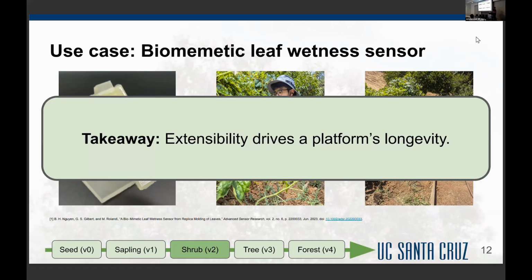This really emphasized the principle that extensibility drives platform longevity. Being able to expand to additional applications allows you to grow that community over time and make the platform sustainable.